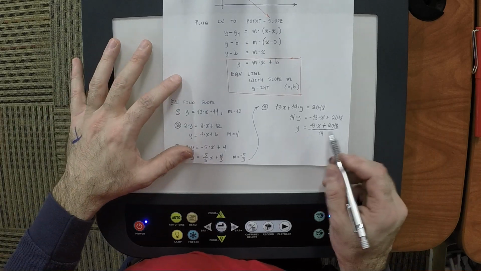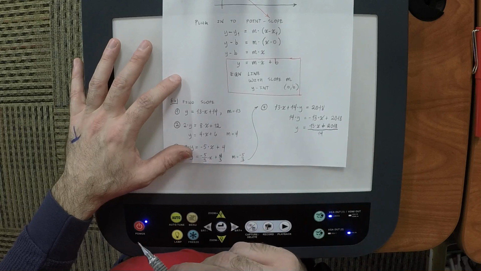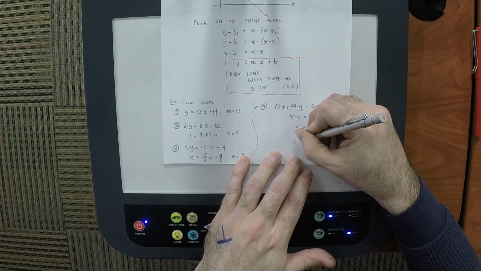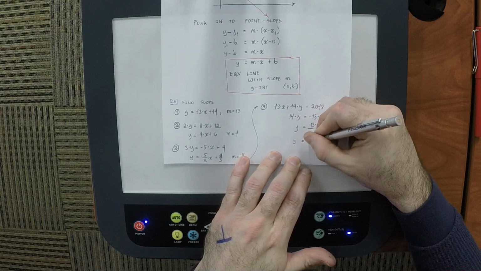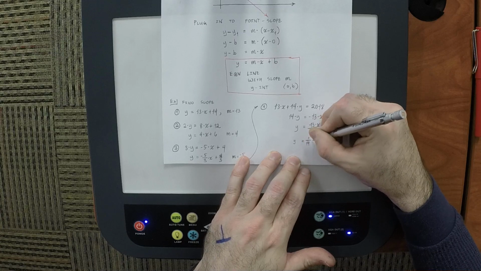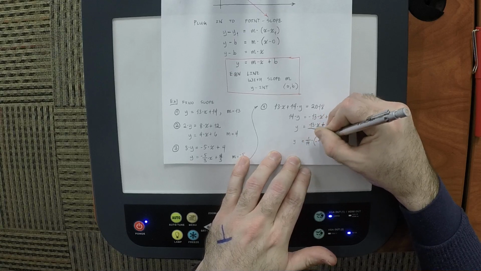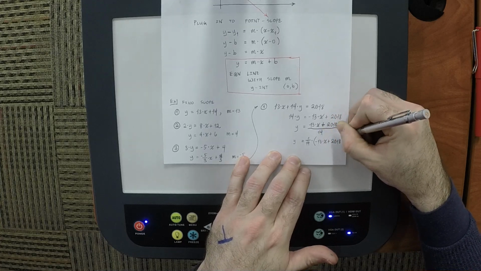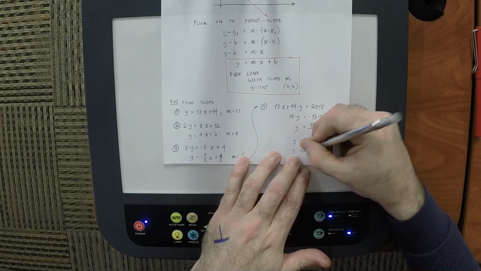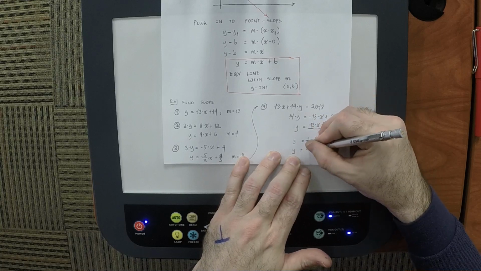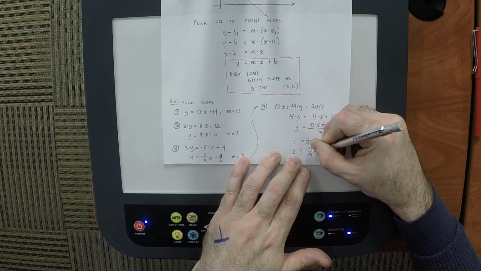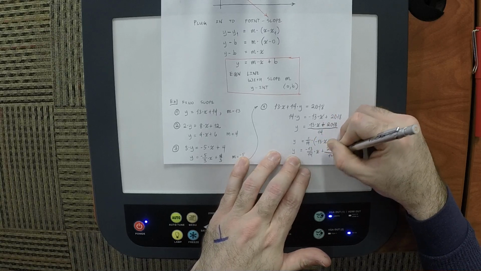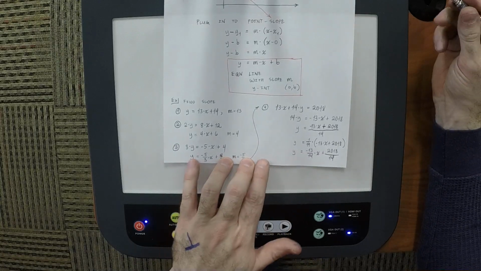So this distributes across plus. And since I said it out loud, I might as well write it. This is the same as 1 over 14 multiplied by -13x plus 2018. So that'd be y is -13 over 14 x plus 2018 over 14. So the slope is negative 13 over 14.